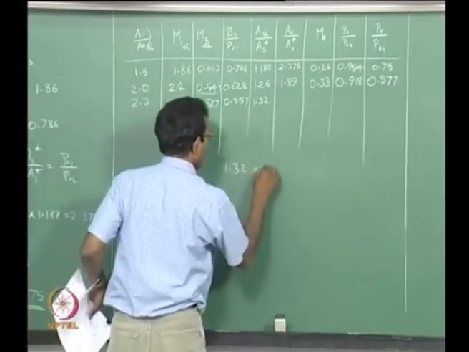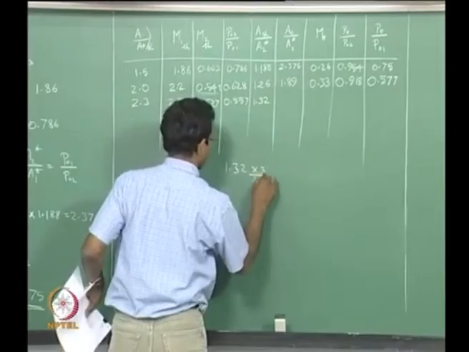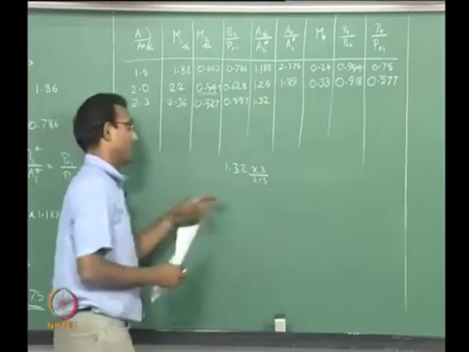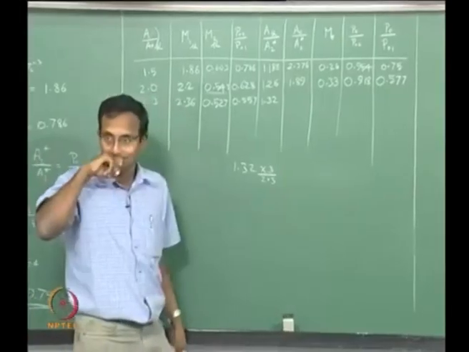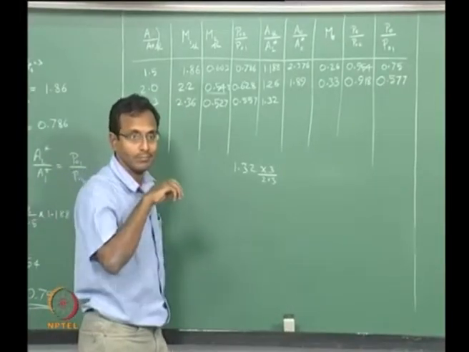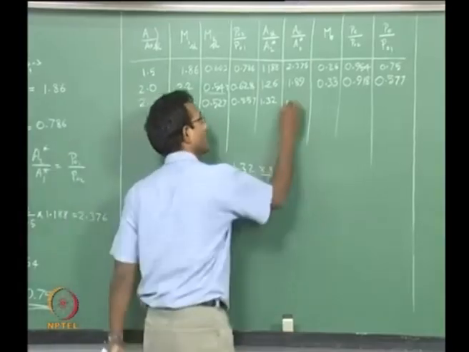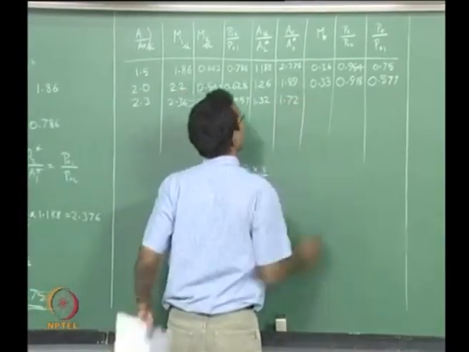Okay. Now I have 1.32. I have to make it 3 from 2.3. So 1.32 times 3 divided by 2.3, I want that number. 1.72. Okay.